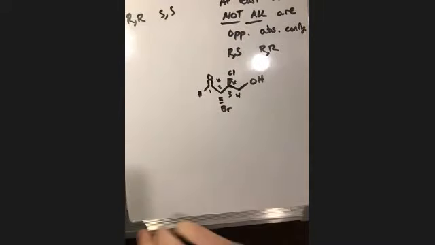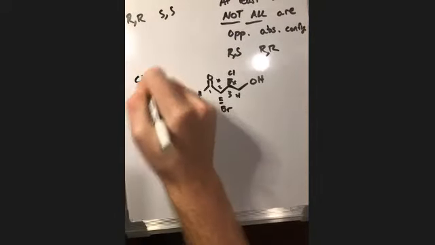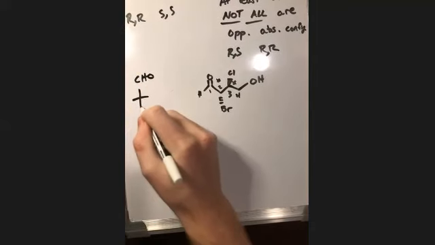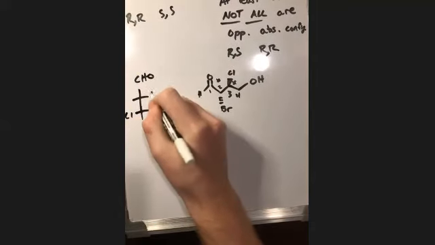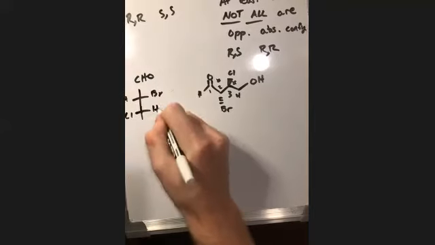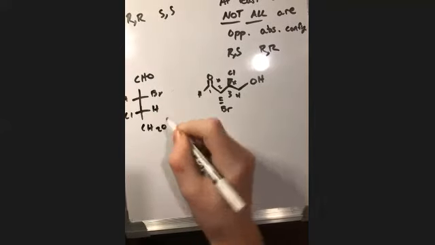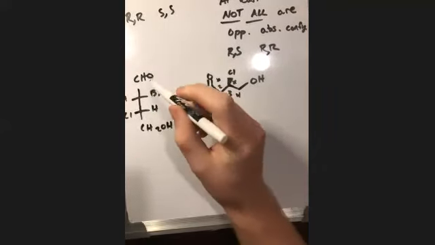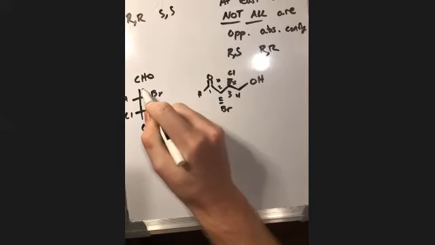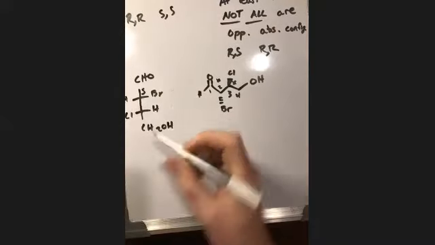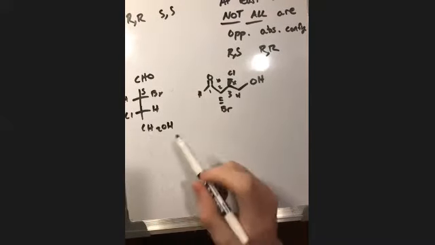All right, so we had this, which was S: 1, 2, 3, looks like R, hydrogen's on the horizontal, so S. Now we're looking at this center.